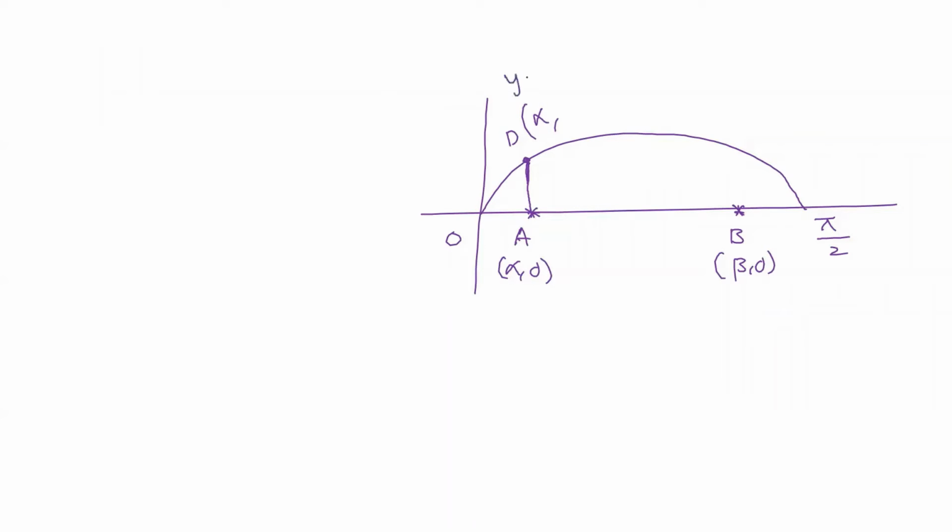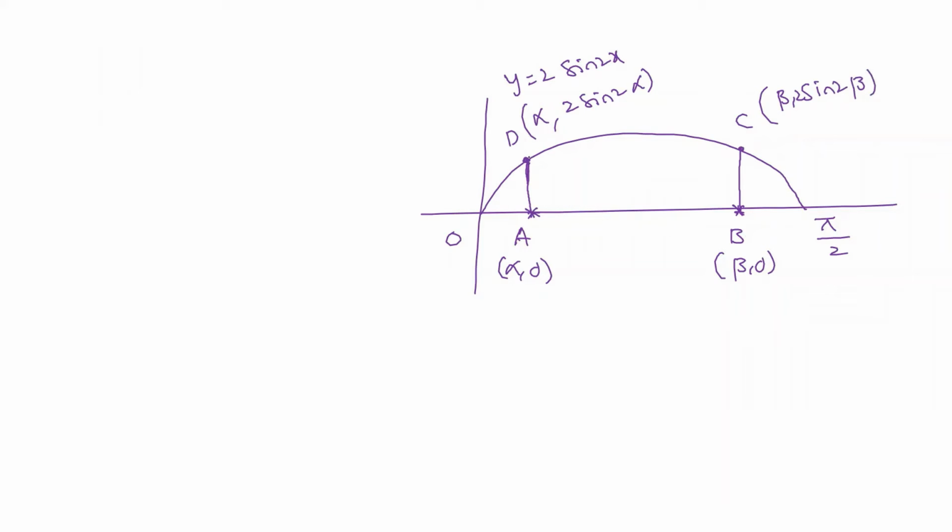What is the curve that we are talking about? y equal to 2 sine 2x. So y coordinate of this one is going to be 2 sine 2 alpha. Similarly, if I take the point C here, which is vertically above the point B, this one is going to be beta comma 2 sine 2 beta. Okay, so that is the point that we are going to get.